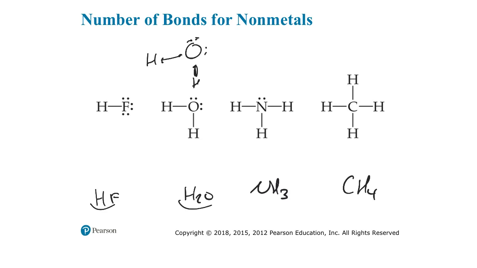Nitrogen, kind of similar, Lewis structure for nitrogen. It has 1 extra valence electron, so it pairs up with 3 H's. And then CH4, we can distribute a valence electron of carbon to each of the corners of carbon, so we can get 4 single bonds to 4 different hydrogens.